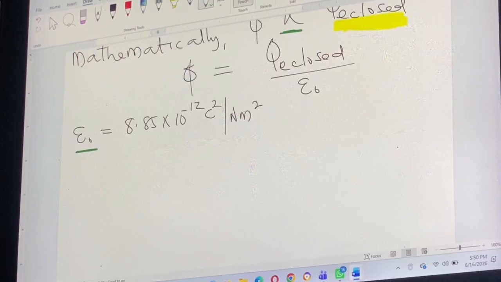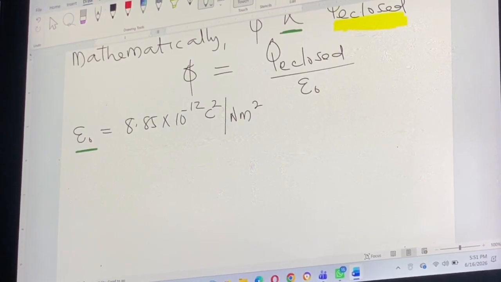Now this is not the only formula for electric flux. Please take note. Before we consider the various formulas for electric flux and when to apply them, please write.